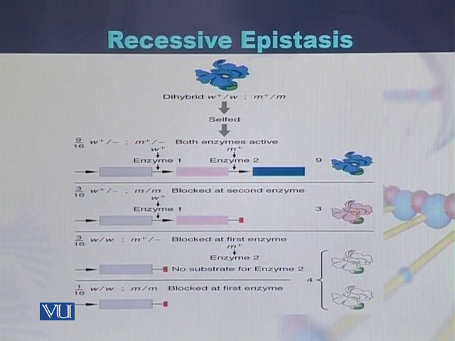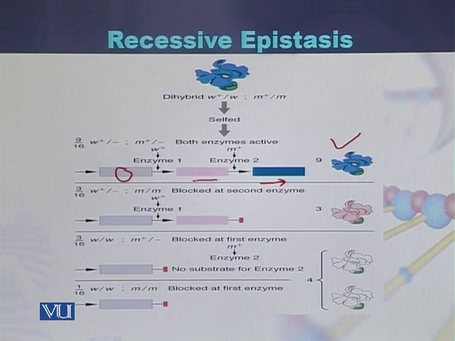Here we can also understand how the colorless is converted into the magenta color or into the blue color. If both the enzymes are active, then the product will be converted into magenta and then into the blue color. So the color of the flowers will be blue.